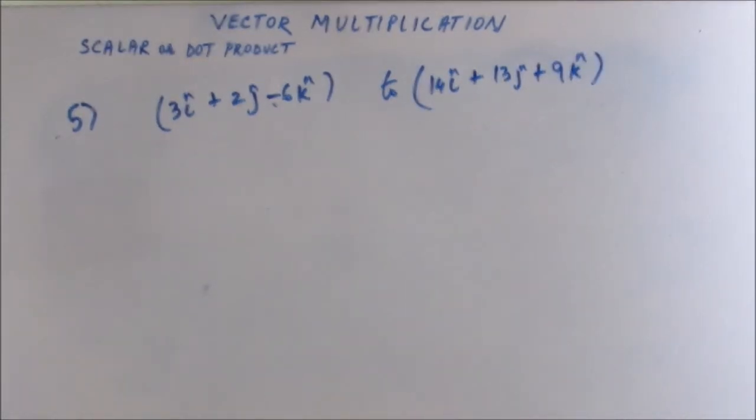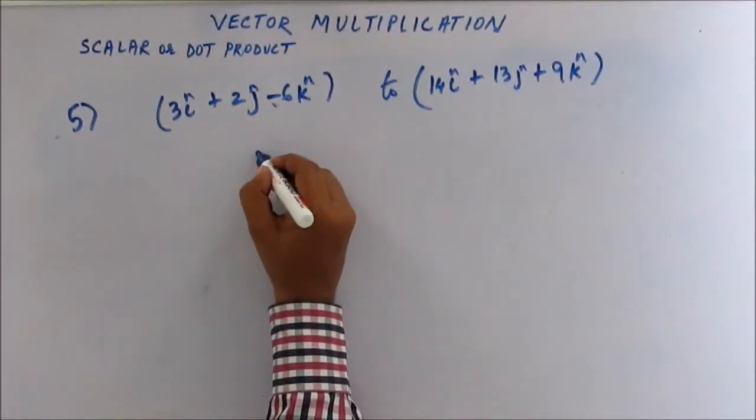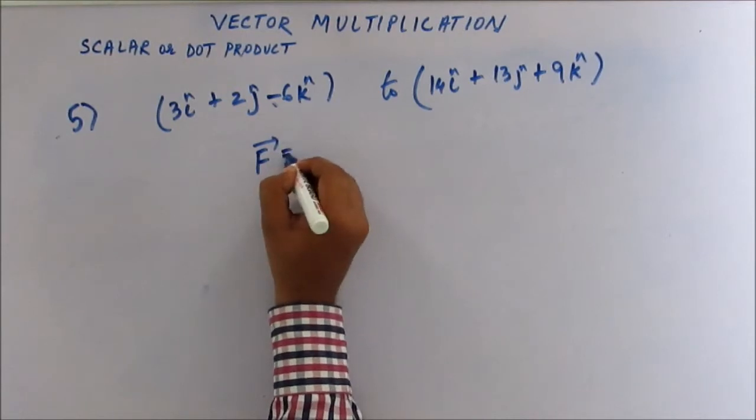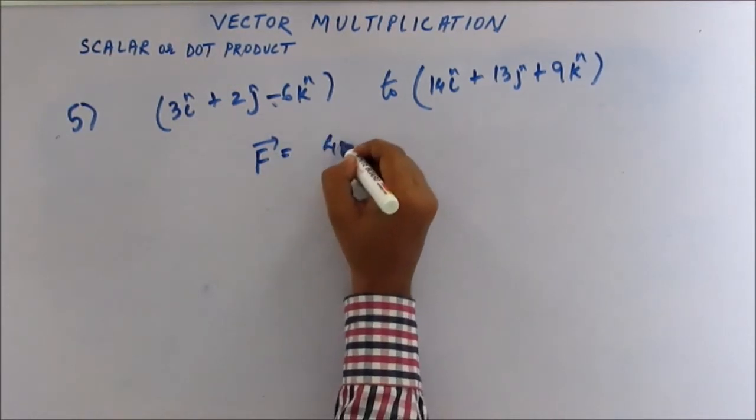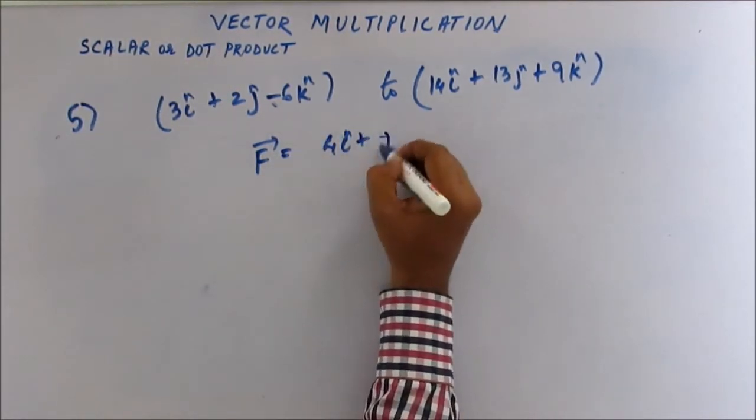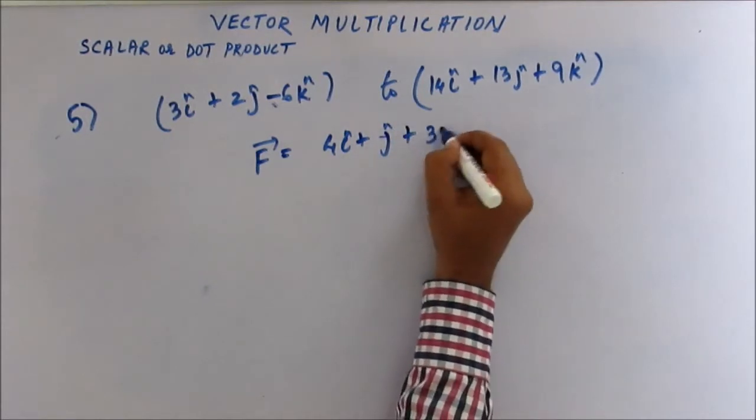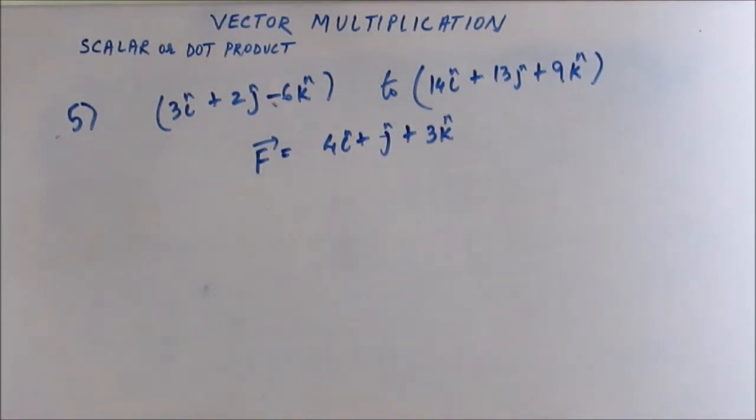And the force that caused the displacement is a uniform force, meaning constant force. That force vector is given as 4i cap plus j cap plus 3k cap. Now they are asking how much work this force did in causing this displacement.